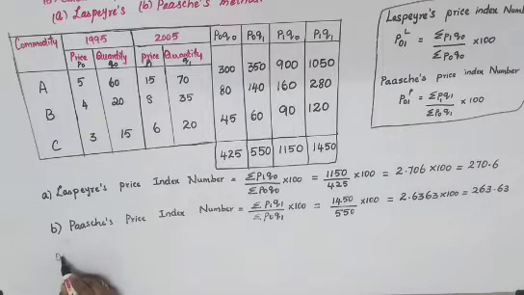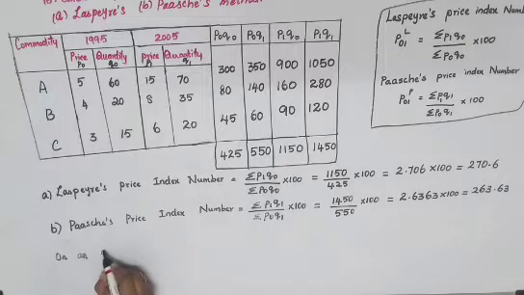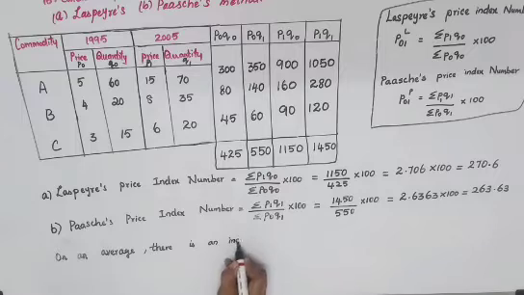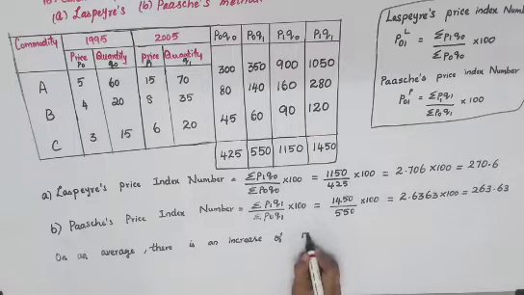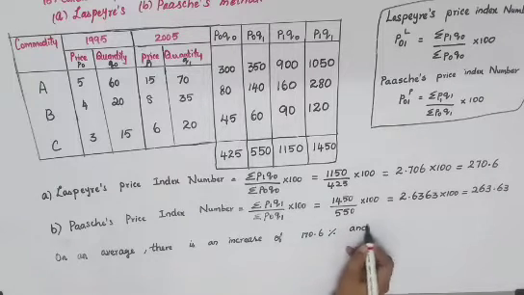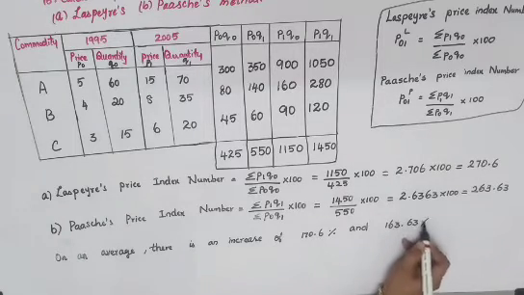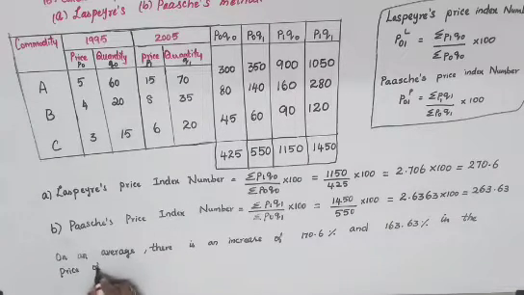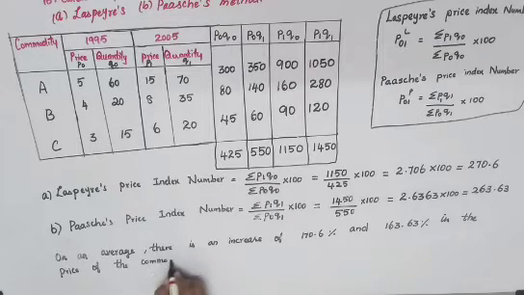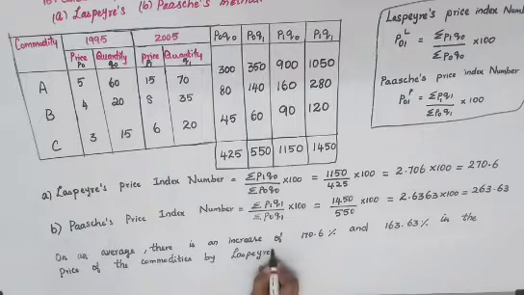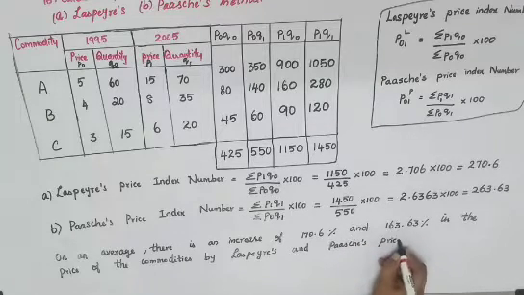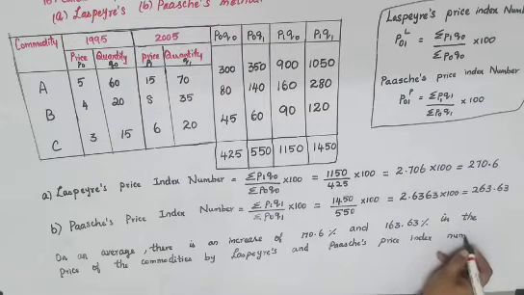So the conclusion is, on average, there is an increase of 170.6% and 163.63% in the price of the commodities by Laspeyres and Paasche's price index number respectively.